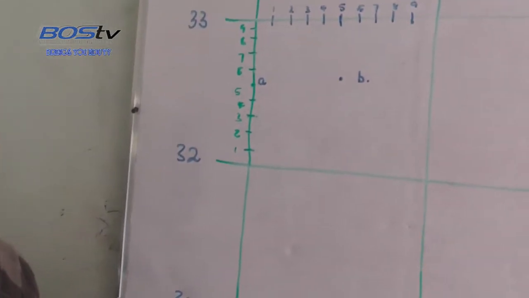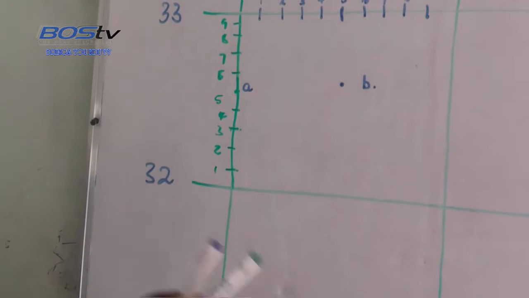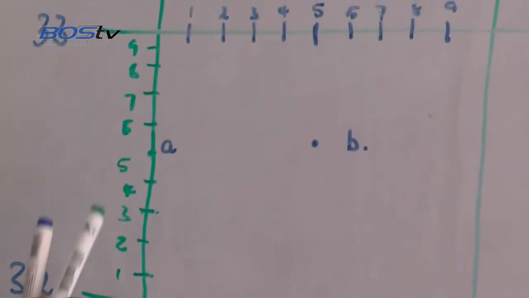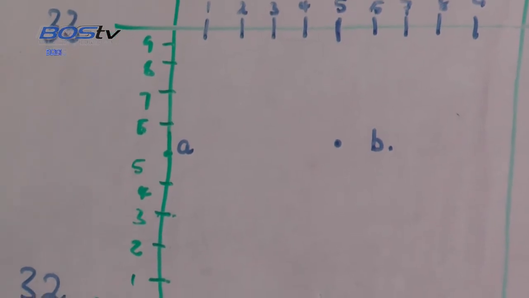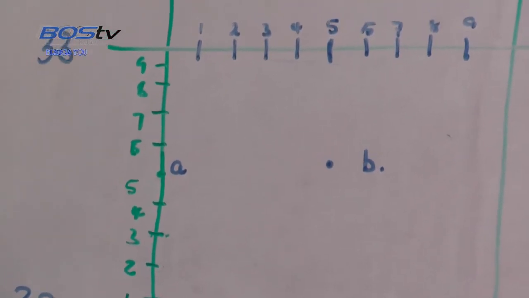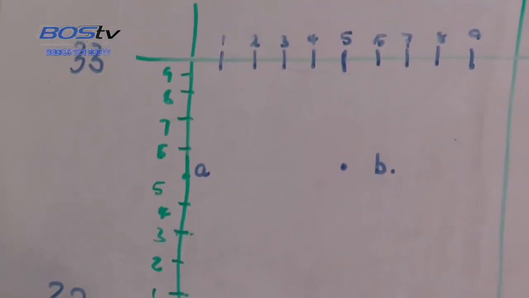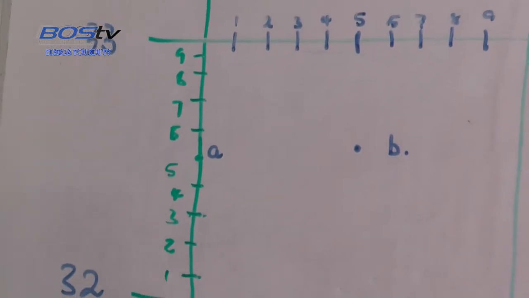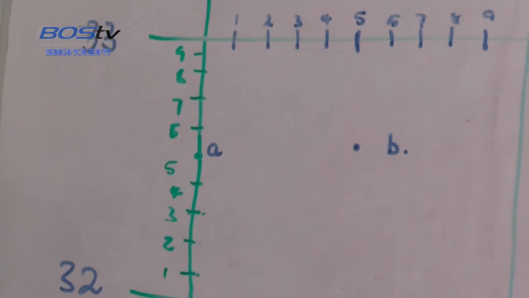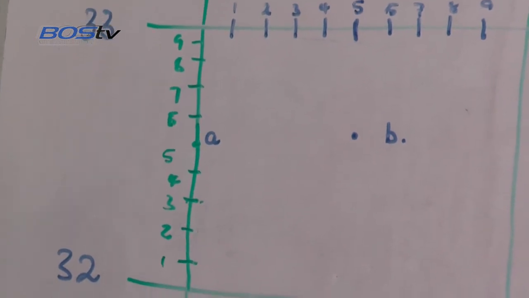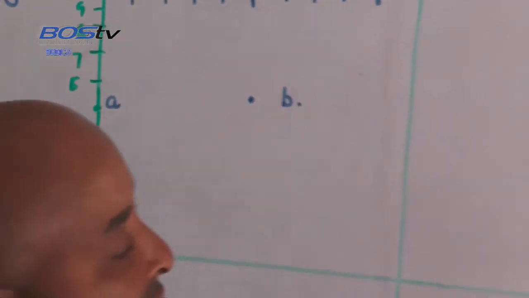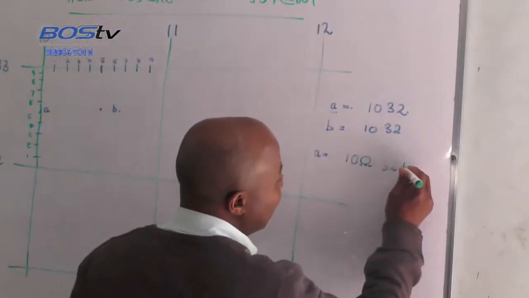Okay. Then we are now on the northings, and we say, our point A, where exactly does point A lie between this 32 and that 33? Where exactly? Magodo? 5. Do you see that? Right in the middle, then you write your 5.